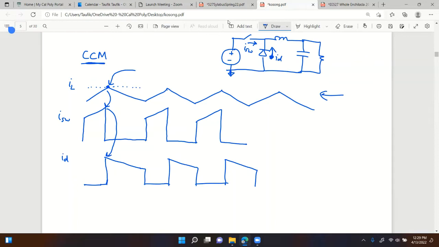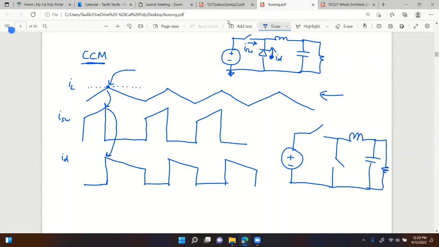Now, there are a couple of advantages of doing this. I'm going to change the buck to a synchronous buck, so instead of the diode, I replace it with another MOSFET. There is an advantage, or at least a couple of advantages, of using either switch current or diode current compared to inductor current.